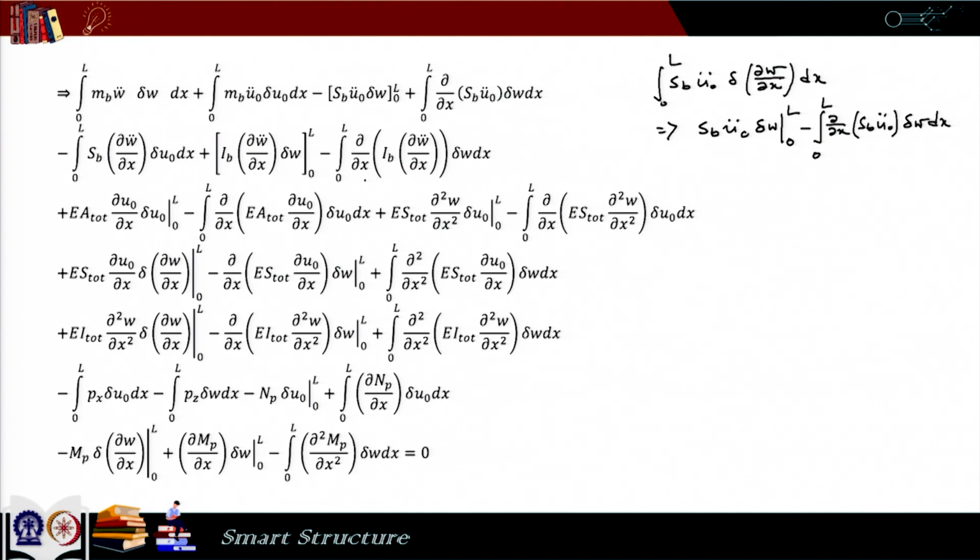So, this is what we can see here, here, here and here. And then we had this term, this came as it is, the derivative was in del w by del x, we did not shift it.